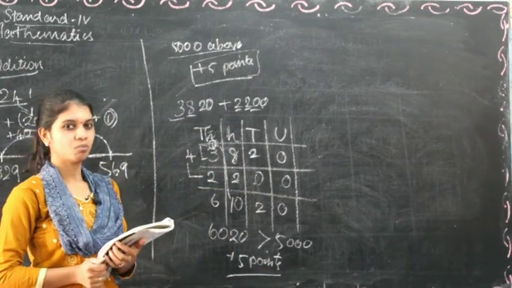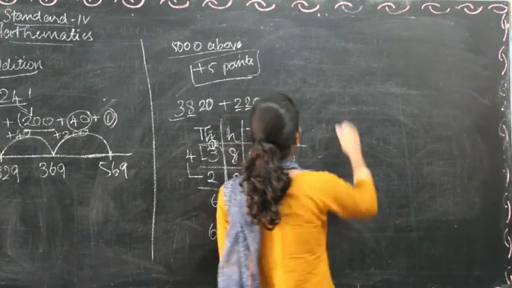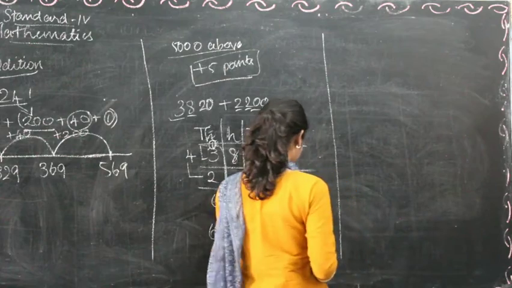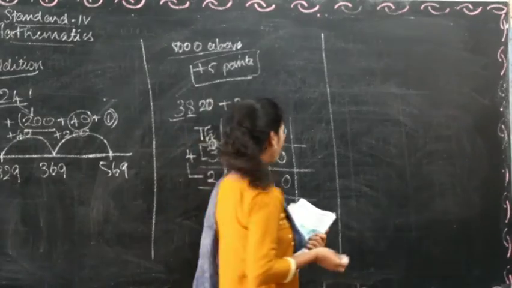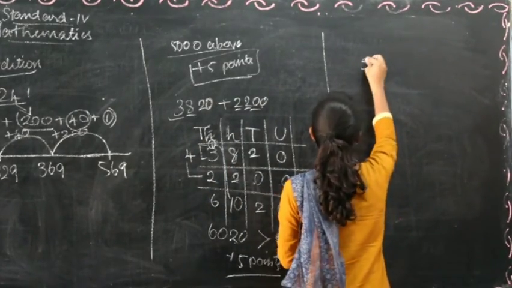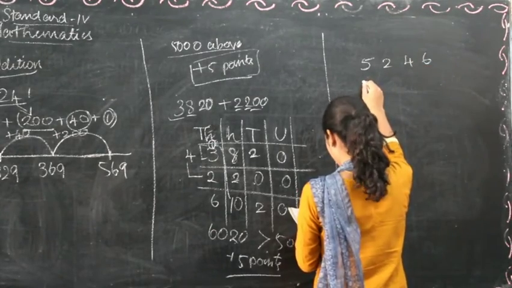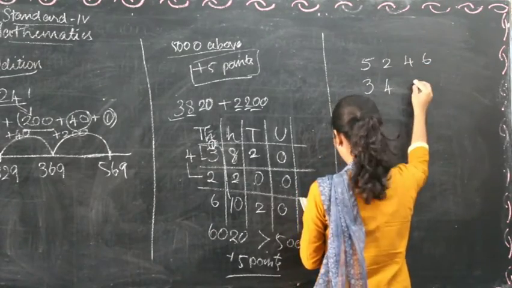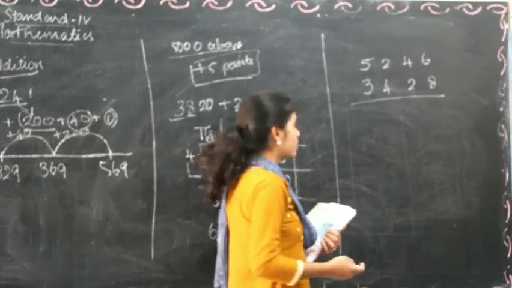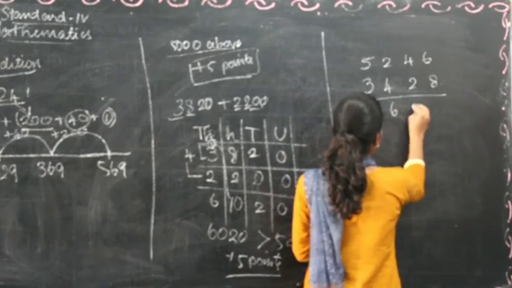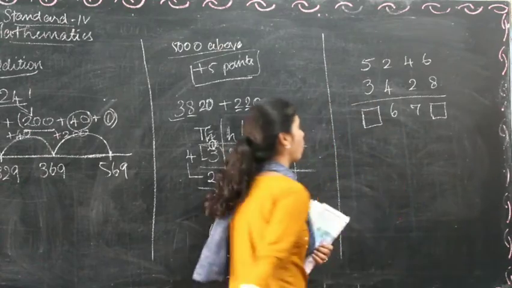Try this and get more points, okay? We'll solve a sum which has empty boxes, okay? So 5, 2, 4, 6 and 3, 4, 2 and 8. They have given us some answers, 6 and 7, and they are asking us to fill these empty boxes.